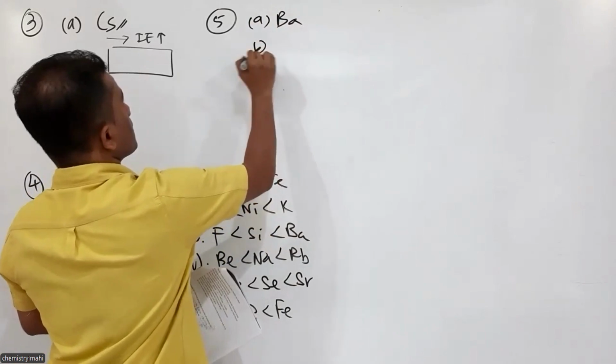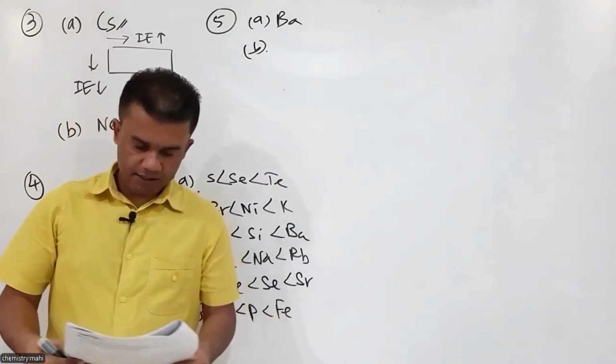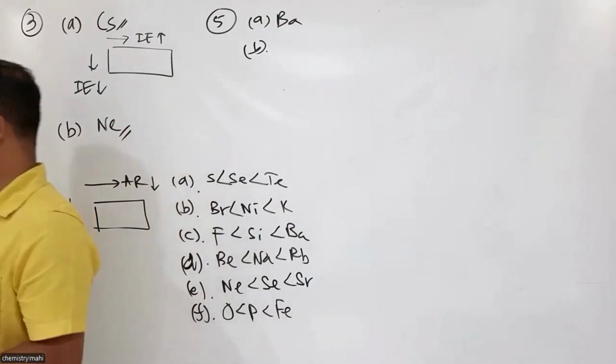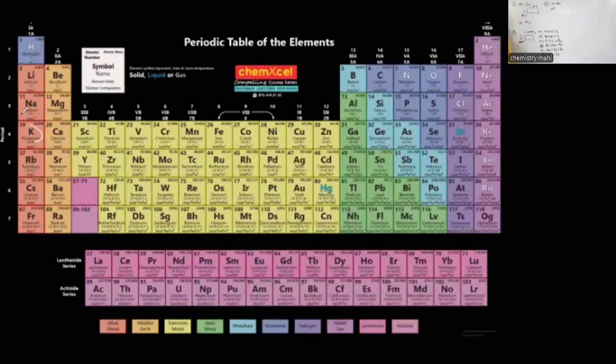What about part B? Part B, they have given potassium, manganese, gallium. Now they are in different places, not in the same group. Potassium, we see it here. Manganese, and gallium. Easy.